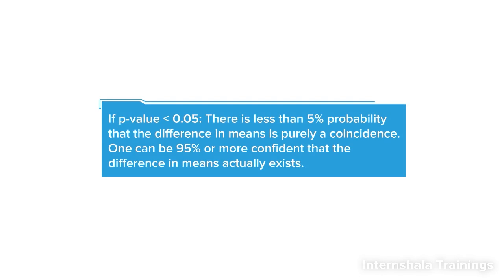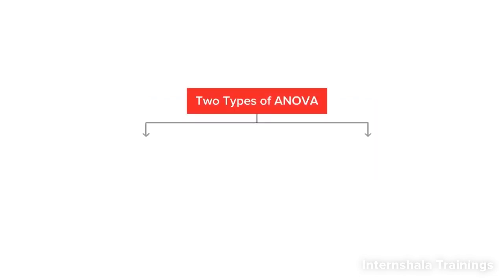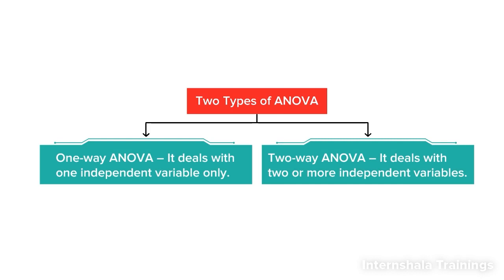A p-value of less than 0.05 means that there is less than 5% probability that the difference in means that we are observing could be purely a coincidence, and we are 95% or more confident that the difference in means actually exists. There are two types of Anova, that is, one-way and two-way.